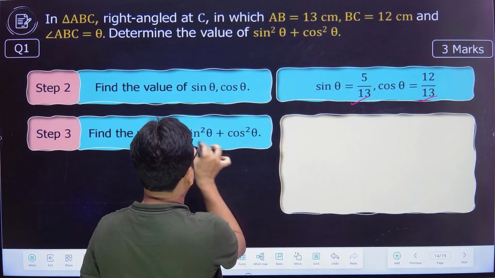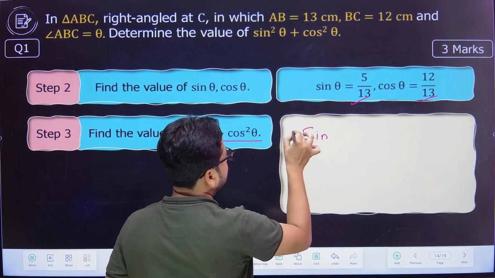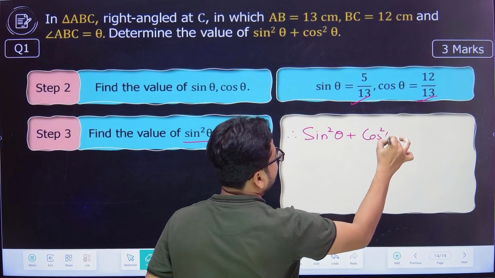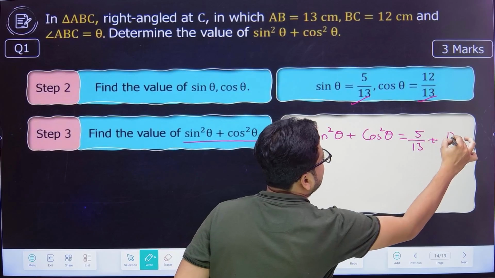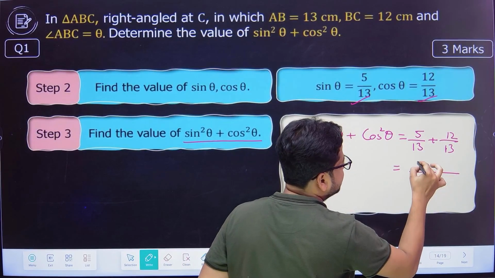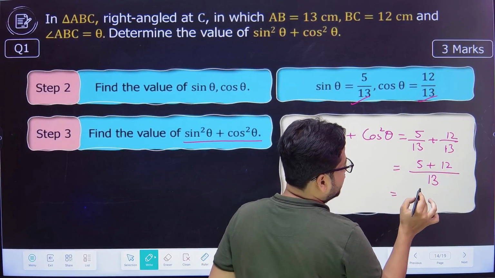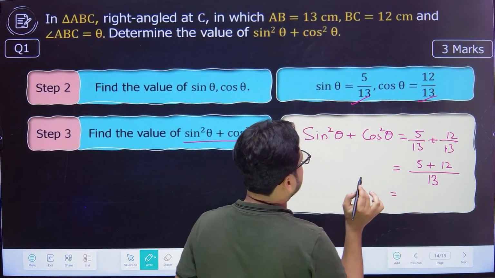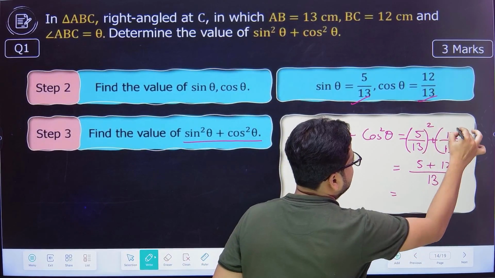We have to find the value of sin square theta. Therefore, sin square theta plus cos square theta equal to 5 by 13 whole square plus 12 by 13 whole square. Denominators are same, so just add the numerators and no change in the denominator. 12 and 5, students, this is square, right?